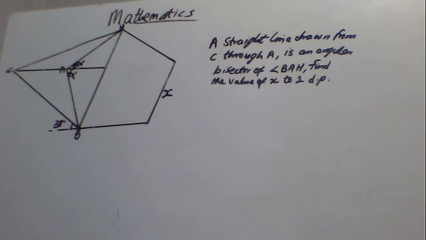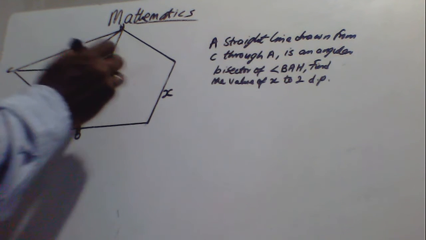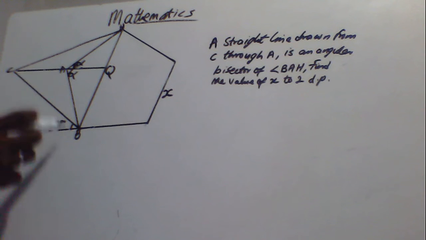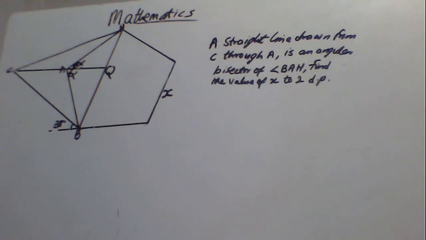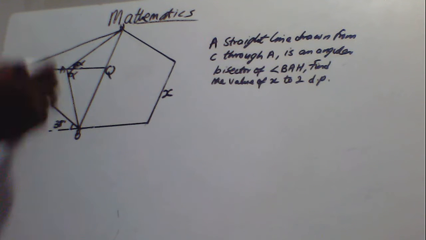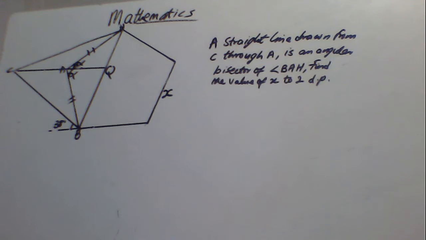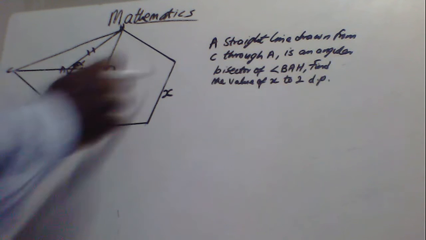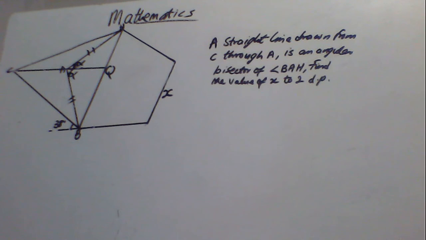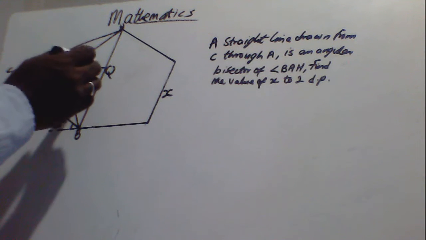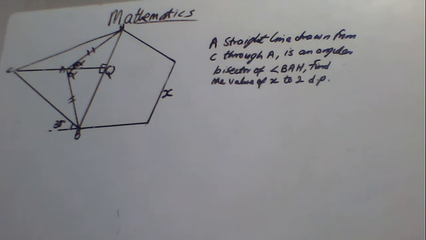Let's call here Q. Because this line bisects angle BAH, and we know that AB is equal to AH, which is the side of a regular polygon, this line bisecting the angle and touching the line BH must be a perpendicular line, because it divides the angle into 2 equal parts.